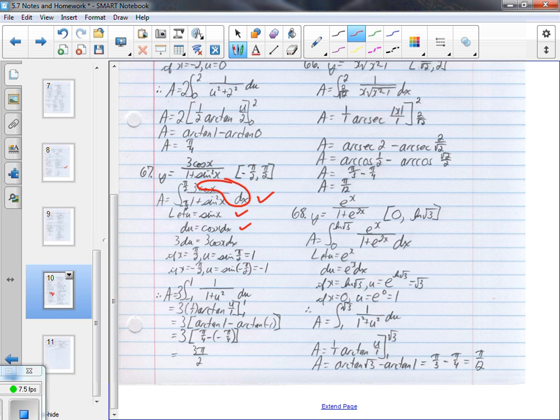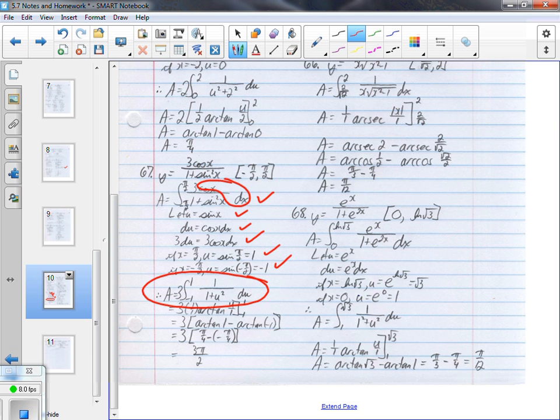So instead of getting rid of a constant, we're putting in a factor of 3. So multiply both sides by 3. Don't forget, you got to change your limits of integration. So if x equals pi over 2, u equals the sine of pi over 2, which is 1. If x equals negative pi over 2, u equals the sine of negative pi over 2, which is negative 1, which leads us to this.